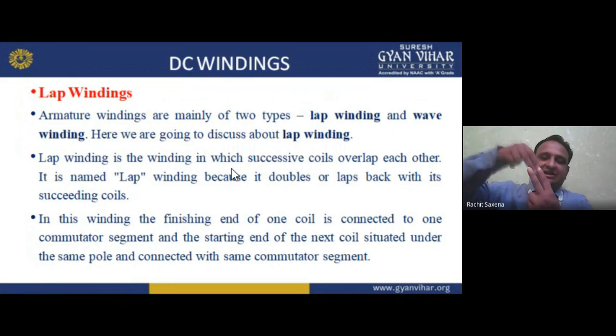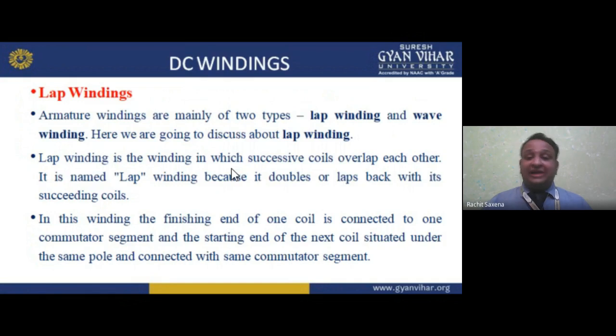With the commutator segment, we have lugs. Those lugs connect the commutator to the armature windings like this. This is the commutator lug, and we connect the armature windings. So in this winding, the finishing end of one coil is connected to one commutator segment, and to the commutator segments we connect an even number of brushes: two, four, six or eight.